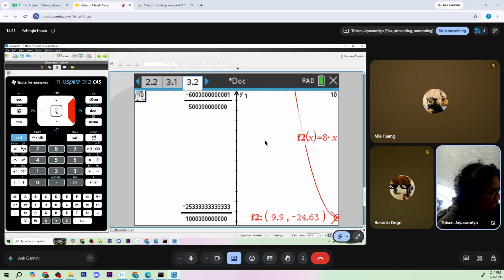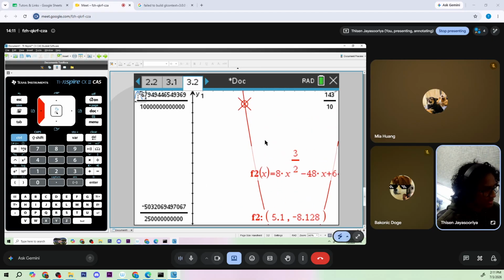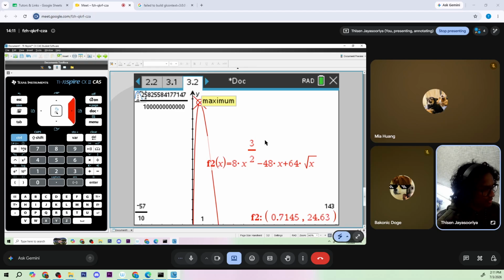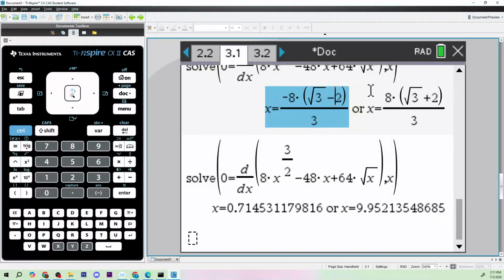If we go to this other point, the area is going to be negative, right? It can't be the second point. It has to be the first point. So a must be equal to this value here. What I can do is dA over da equals 0. Hence, a is equal to negative 8 square root 3 take away 2 over 3.